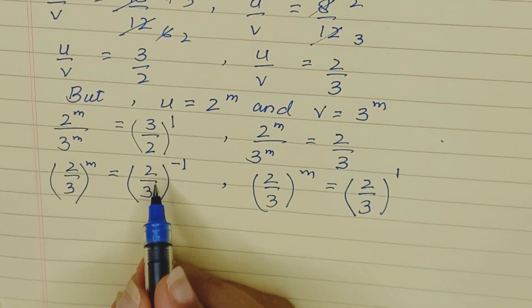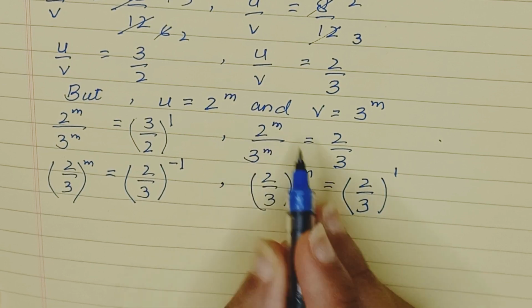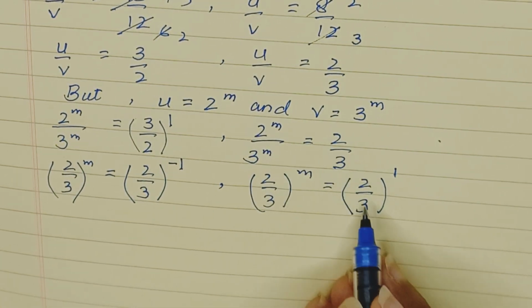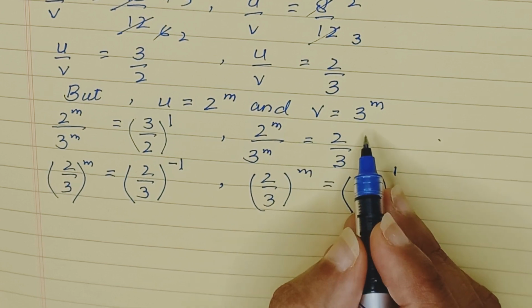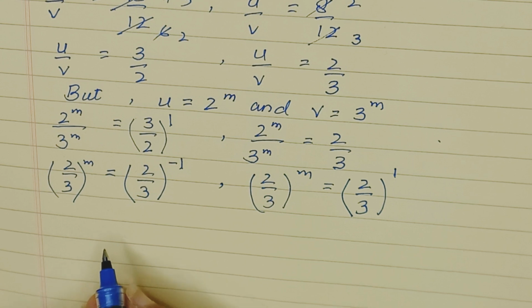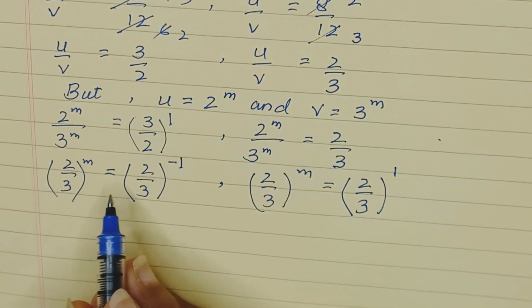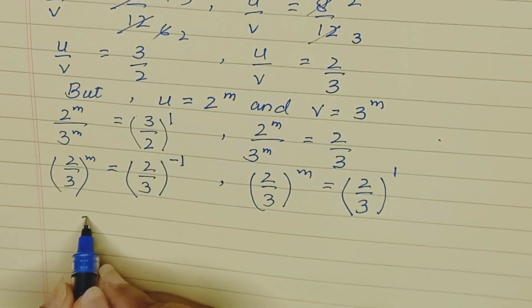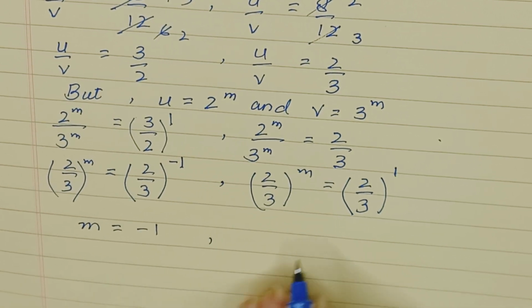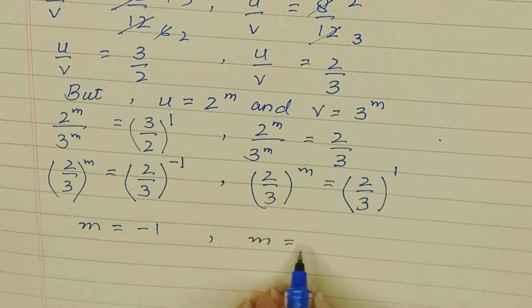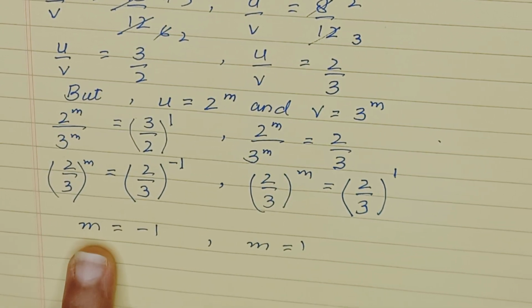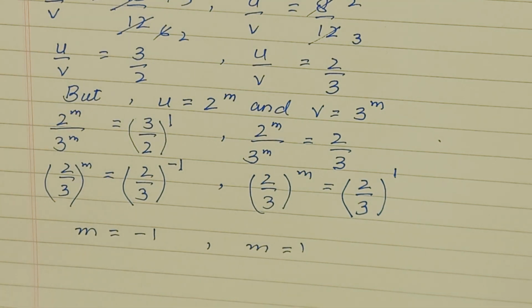Now the bases are the same, so we compare the powers. From here m is equal to minus 1, and from here m is equal to 1. So we have two values of m, which are negative 1 and positive 1.